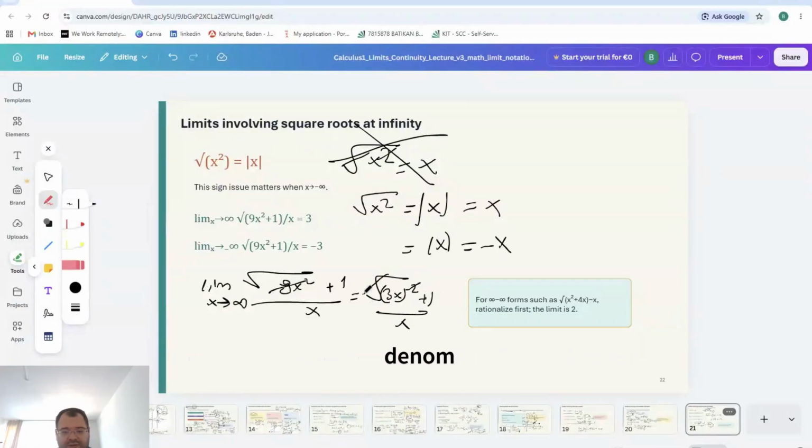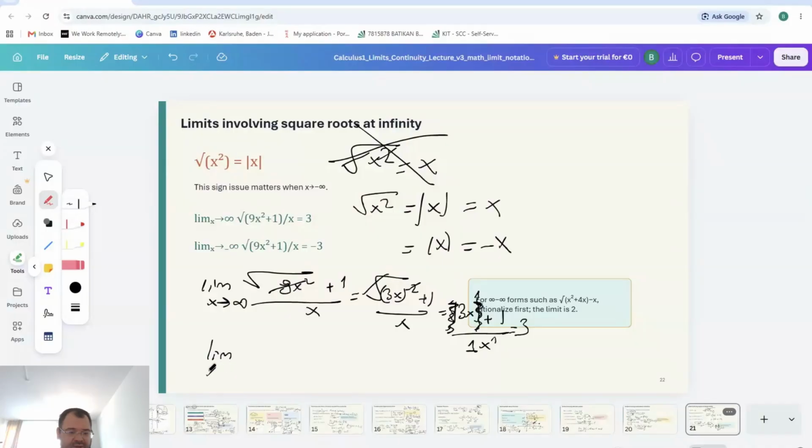When you get rid of those, you end up with 3x plus 1 over x, so it is going to infinity. You can just get rid of the absolute signs when x goes to infinity, you have 3x here, the exponents are 1 and 1, and the coefficient here is 3. You can just write 3.